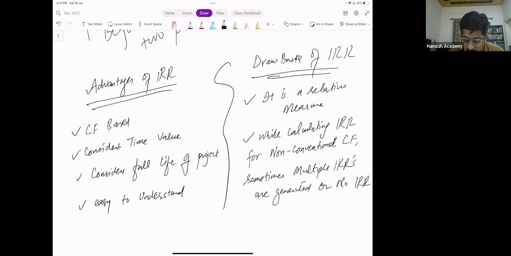What does it mean? Note it down, I will explain. Non-conventional cash flows, multiple IRR and no IRR. Three things I have to explain.